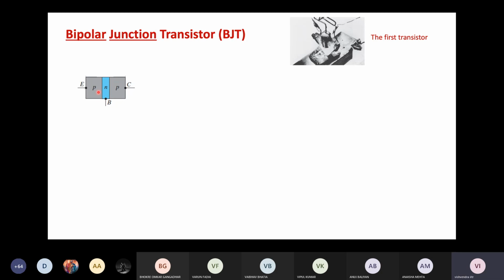The bipolar junction transistor, as the name says, is a junction transistor. It means that it involves PN junctions, and bipolar means that... What does bipolar mean, by the way? Anybody knows?